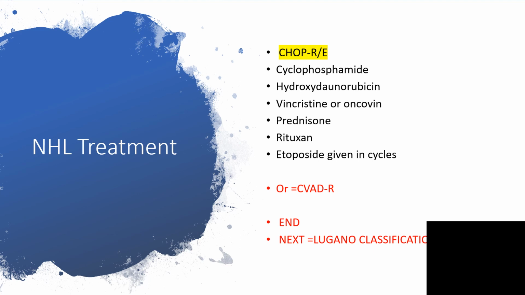But you can add Rituxan or etoposide depending on the type or subtype, and this could be given in cycles. Actually, the oncologist will do justice here, and you can use CVAD as well. That is cyclophosphamide, vinblastine, Adriamycin, daunorubicin, and Rituxan.